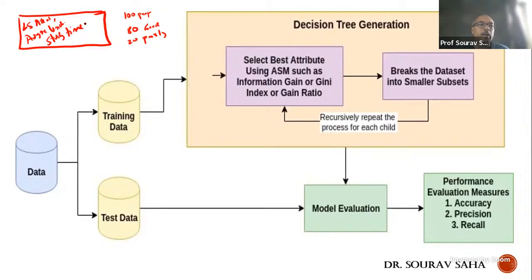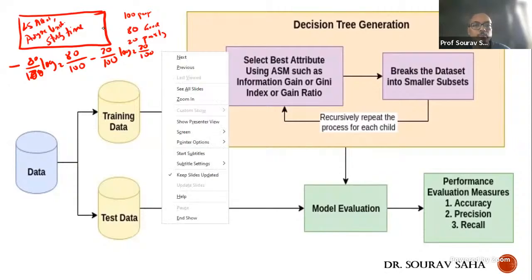When all the data is together at the same point in time, you have the 80 good cases and 20 poor cases, which means the entropy will be minus 80 by 100 log to the base 2 80 by 100, minus 20 by 100 log to the base 2 20 by 100. That's what the entropy is at the root node.